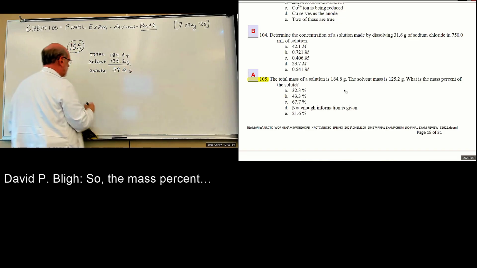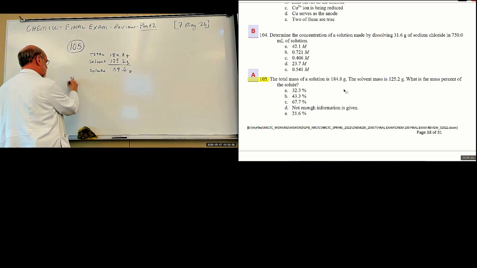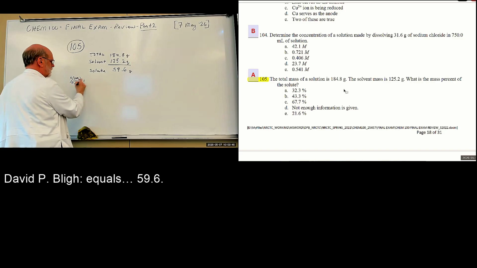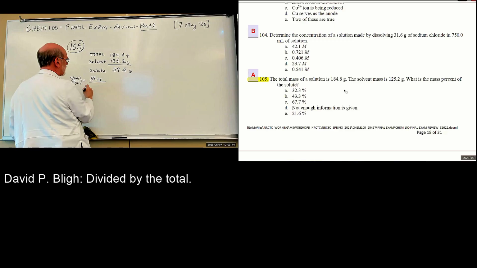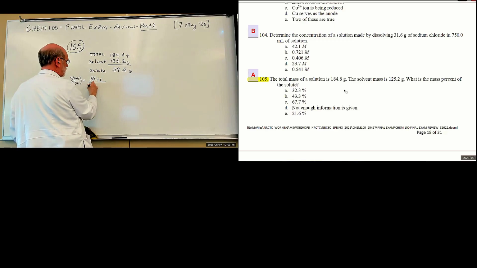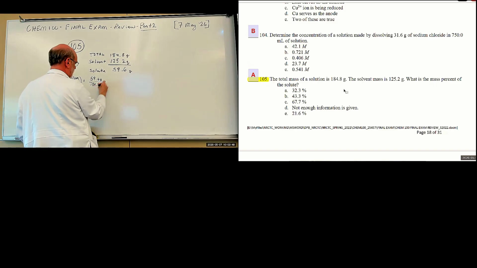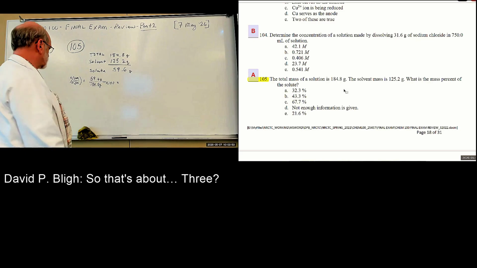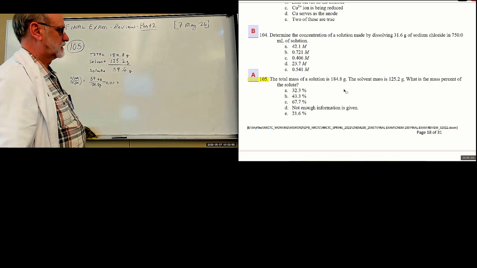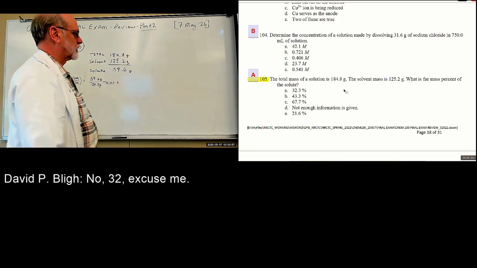There we go. So the mass percent equals 59.6 divided by the total times 100. So that's about 3... No, 32, excuse me.